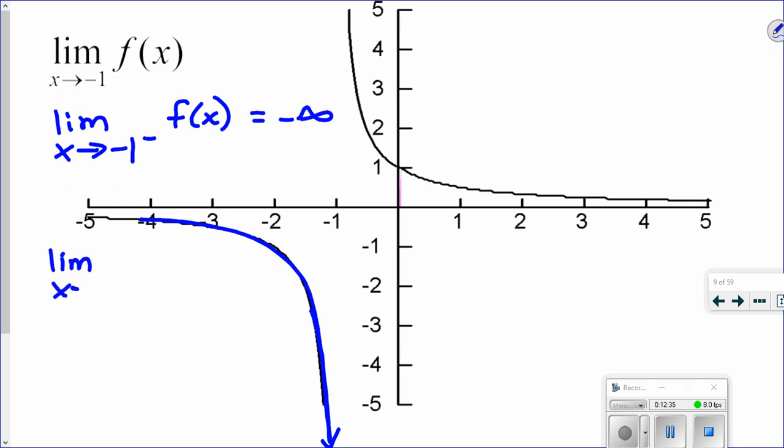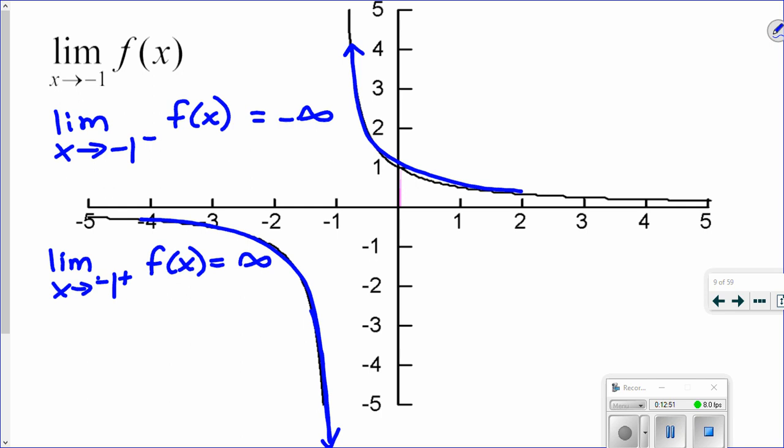If our graph is going in the positive direction towards negative 1, that one's going up forever, so we say that one is positive infinity.